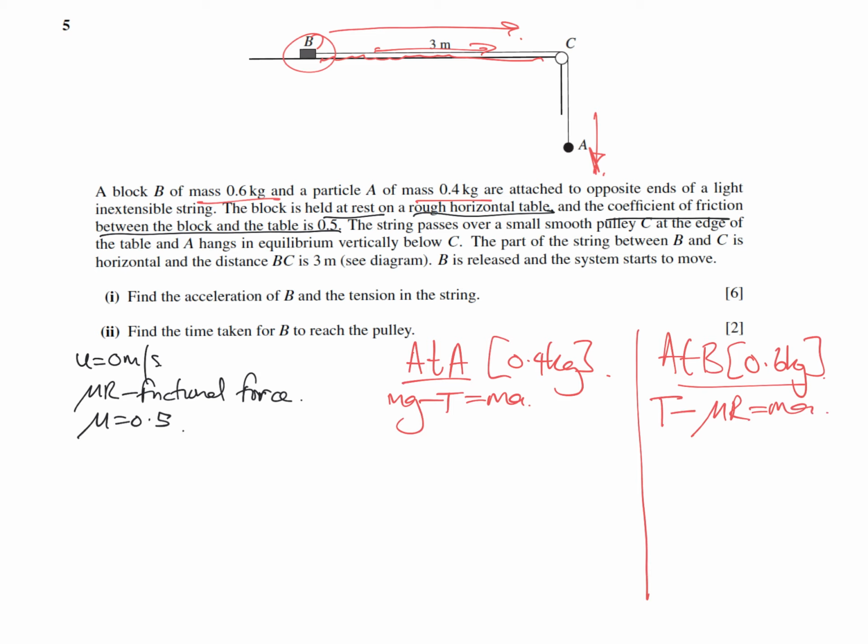Now just plug in the values given. So m is 0.4 times 10 minus T, and this is 0.4a, so therefore T equals 4 minus 0.4a. Okay, that's the first equation.